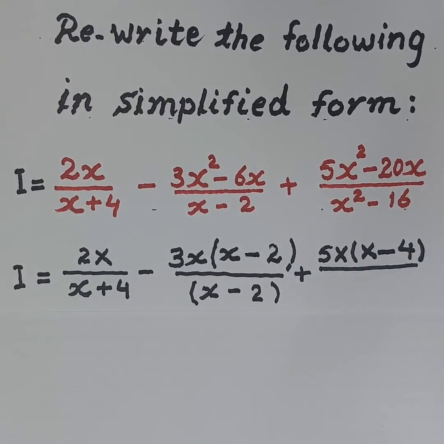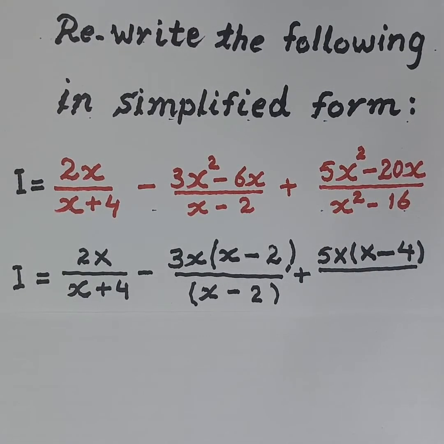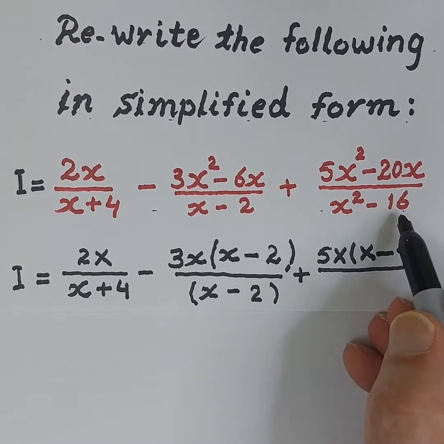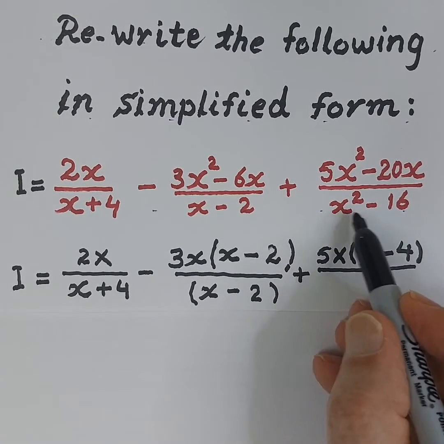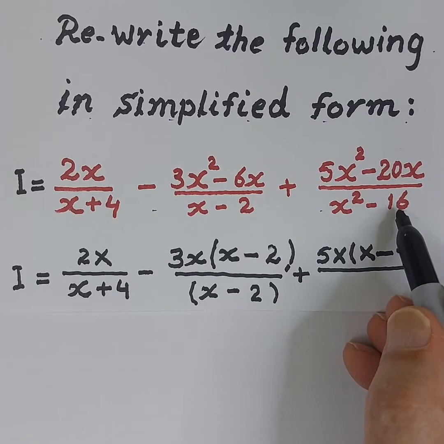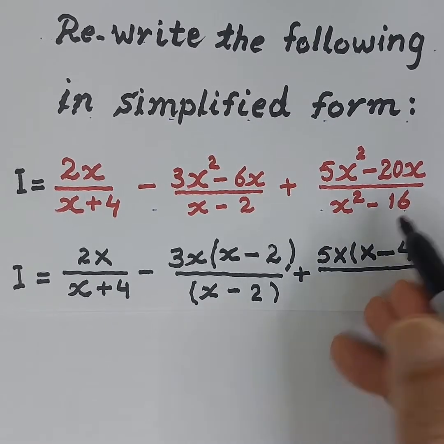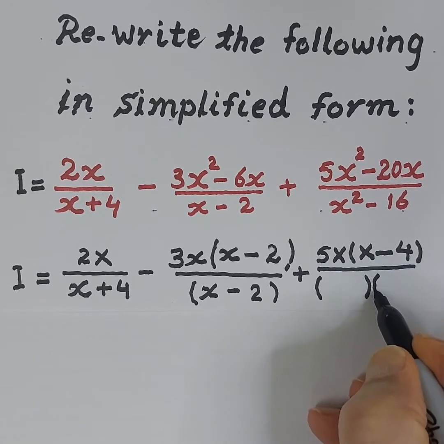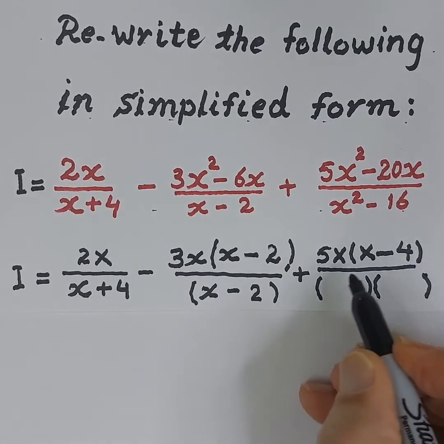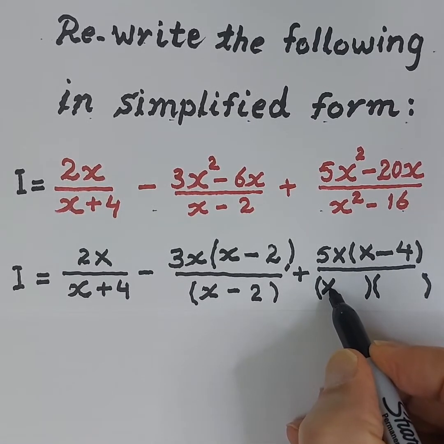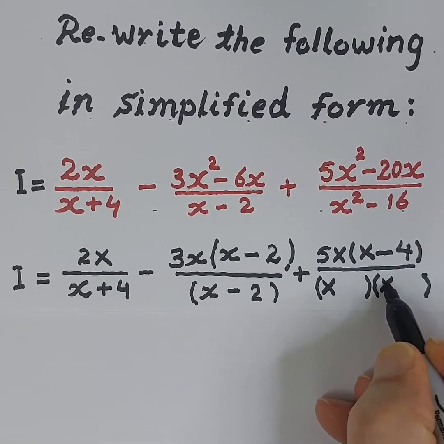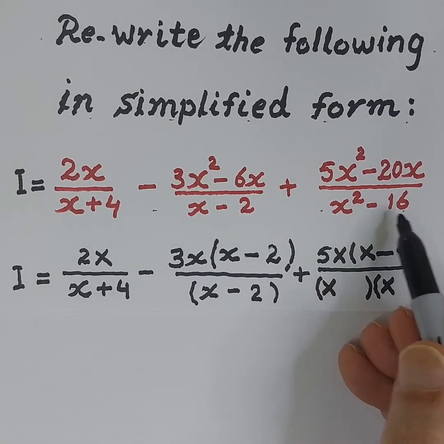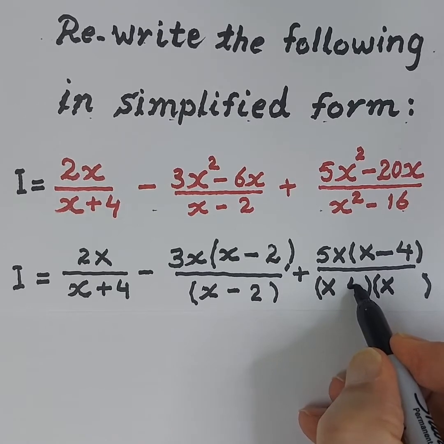This is about the numerator. And the denominator also we can do something. This is, as we said, a difference of 2 squares, so we can factorize it this way. x squared will be put here x and x here. 16 is 4 by 4.